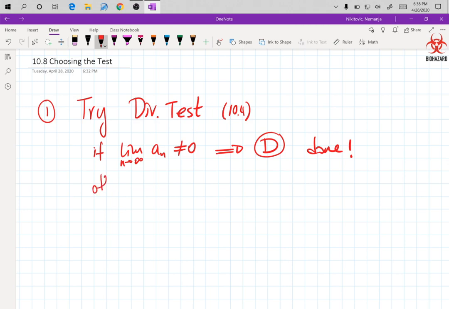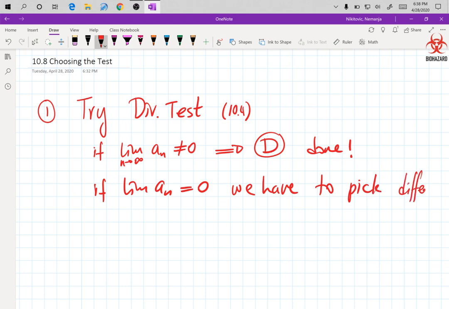Otherwise, well, let's do this. If the limit of a_n is equal to 0, we have to pick a different test.